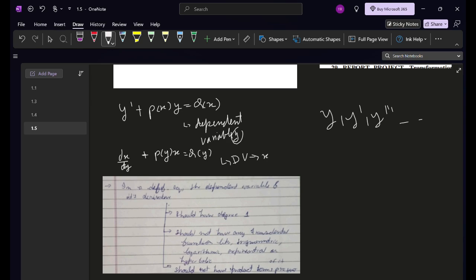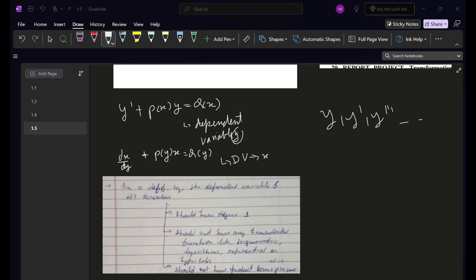These cannot be multiplied with any sort of transcendental functions. Transcendental functions means stuff like trigonometric, logarithmic, exponential, hyperbolic, and so on. These should not be multiplied with any of that, and these should not be in product form with each other either. So that is a way we can identify whether or not our equation is linear.